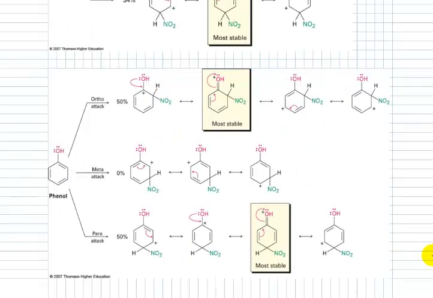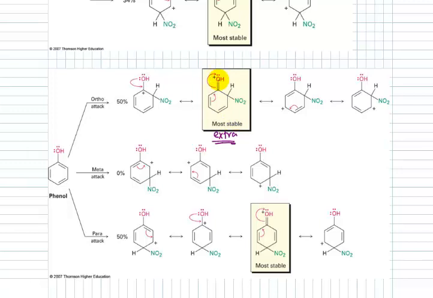If it's something that's not just a methyl group, if it's something that actually donates resonance electrons in, okay, and I add ortho, we get this extra resonance structure. When I have a plus charge next to an OH group or next to something with lone pairs, those lone pairs can donate in and satisfy that plus charge. It spreads that plus charge up onto the heteroatom, onto the oxygen in this case.